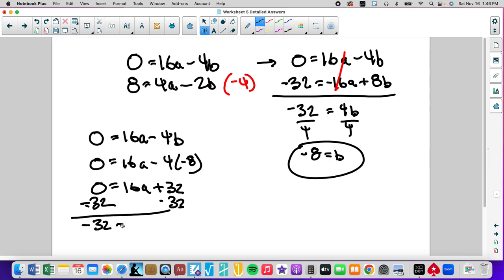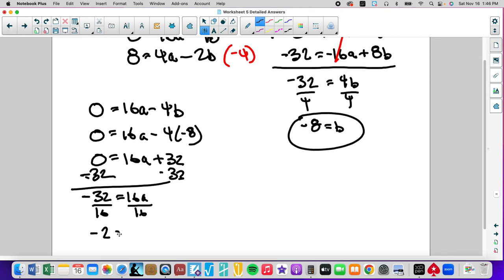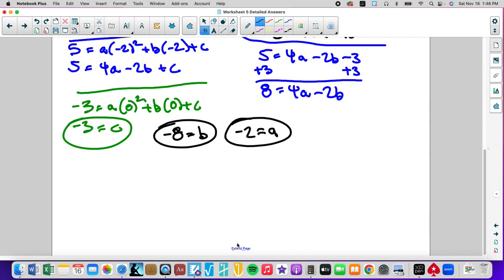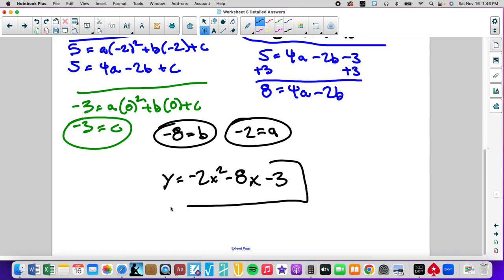Negative 32 equals 16a, divide by 16, and we get negative 2 equals a. Let's transfer that over. Negative 2 equals a. And we have our final equation. y equals negative 2x squared minus 8x minus 3.